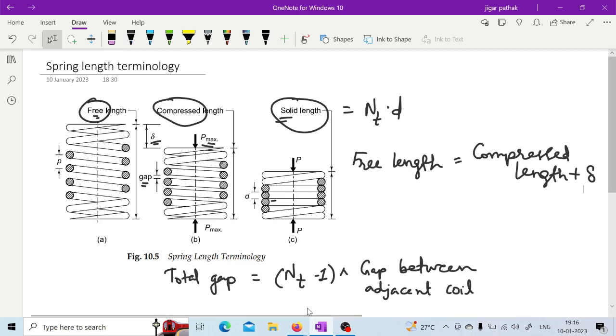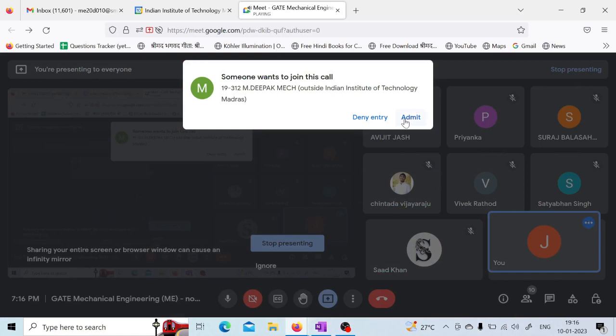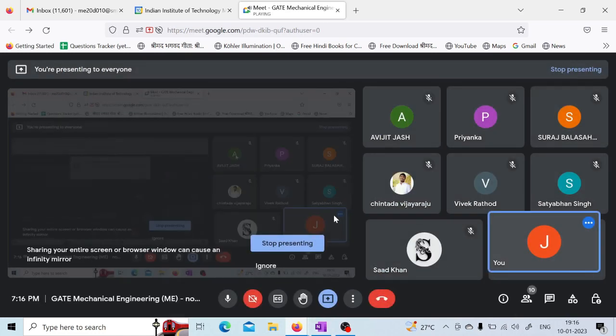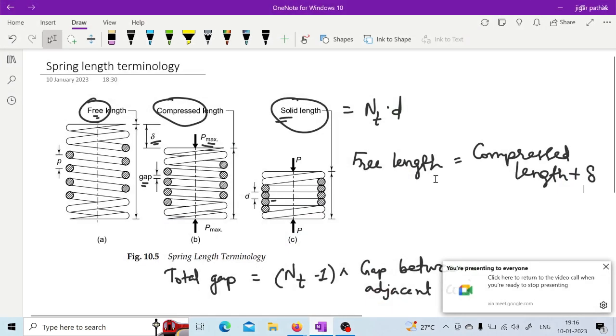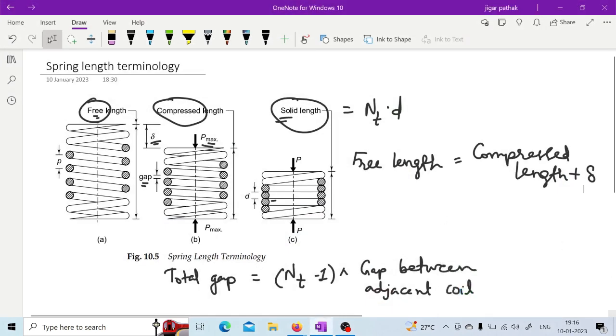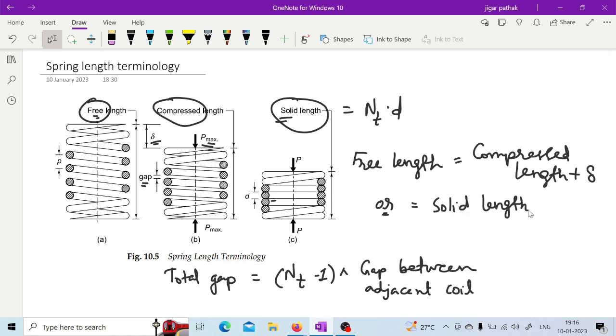So compressed length plus delta is your free length. Apart from that, the free length can also be represented as the solid length plus delta plus total gap, as we have defined this gap. So free length can be calculated with this.